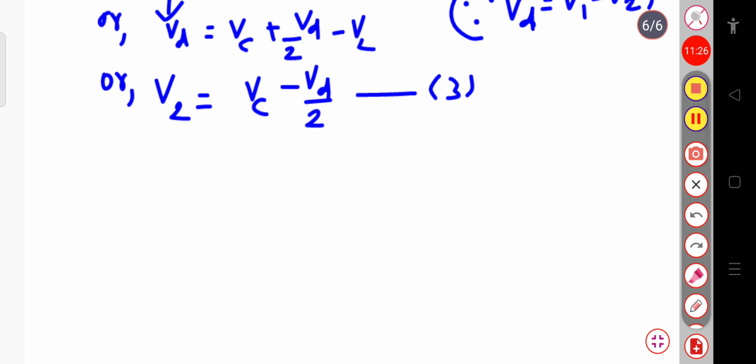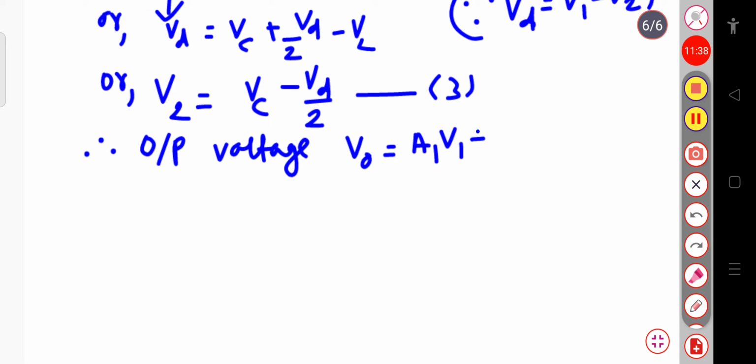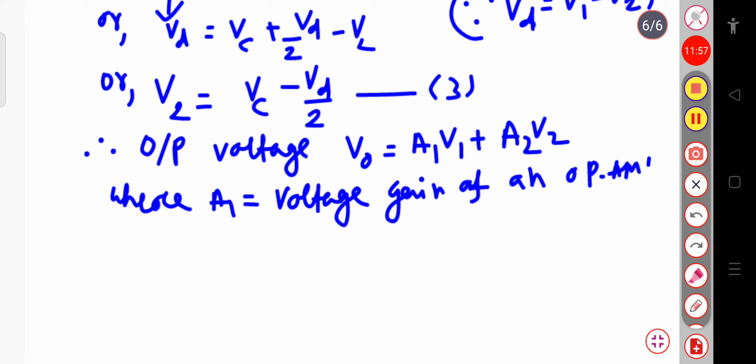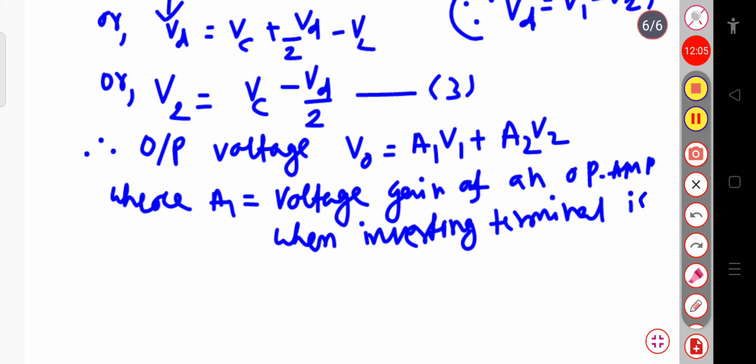Therefore the output voltage, denoted as V0, we know is equal to A1 V1 plus A2 V2, where A1 equals the voltage gain of an op-amp when the inverting terminal is grounded.